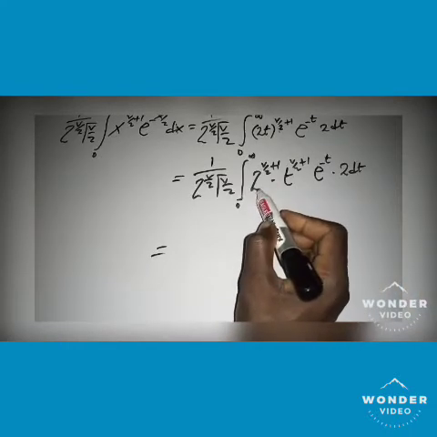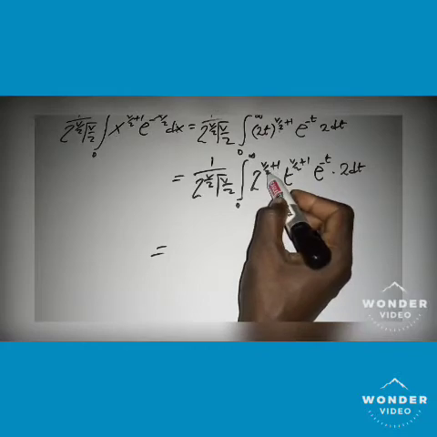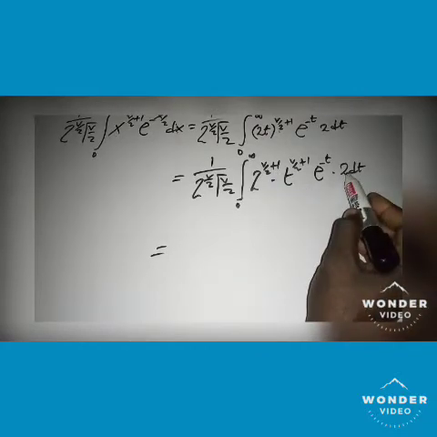I have constant 2 with power v over 2 plus 1, and then I have 2.